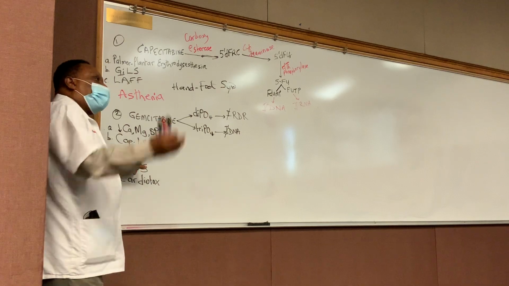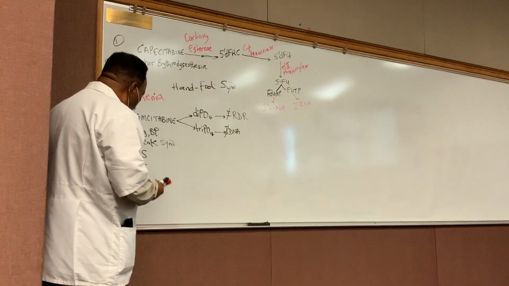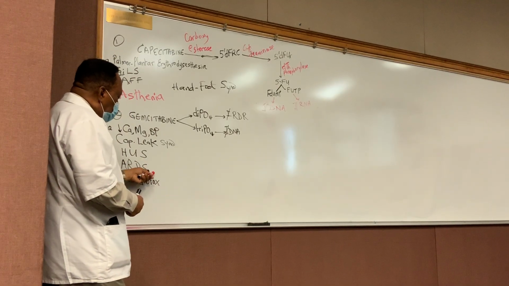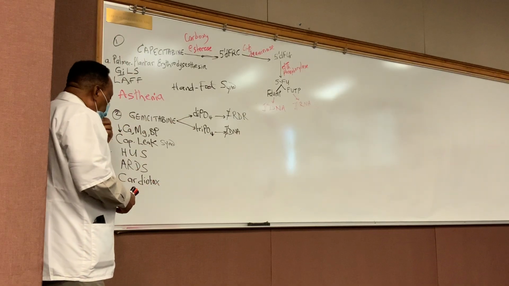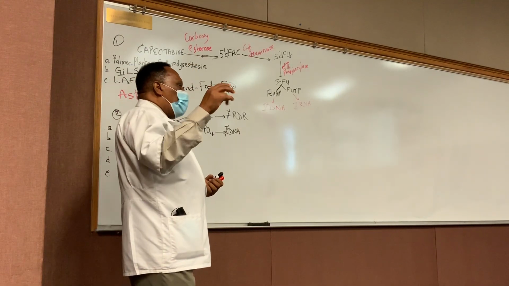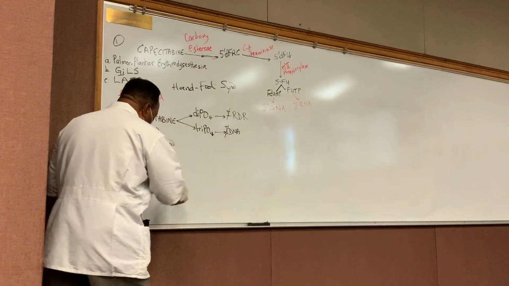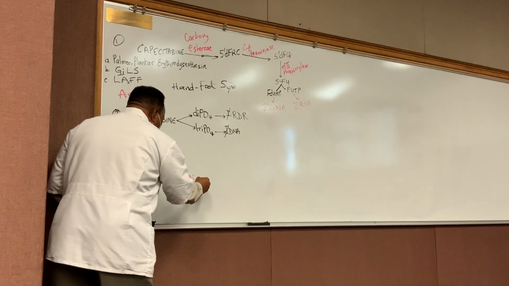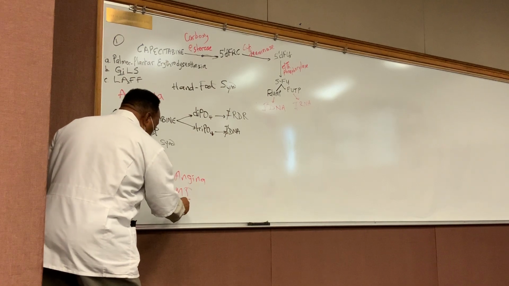HUS, we mentioned that under 5-FU last semester. Acute respiratory distress syndrome, or ARDS, is another prominent adverse effect of gemcitabine, and the cardiotoxicity can be of different forms. You can have angina, you can have MI, all of those can be present with that cardiotoxicity.